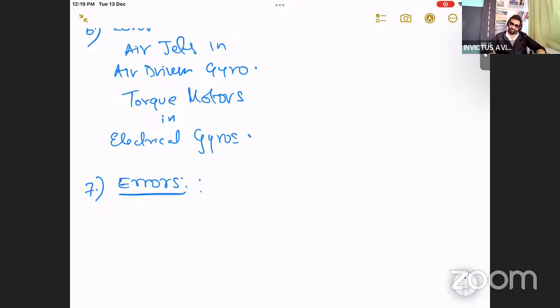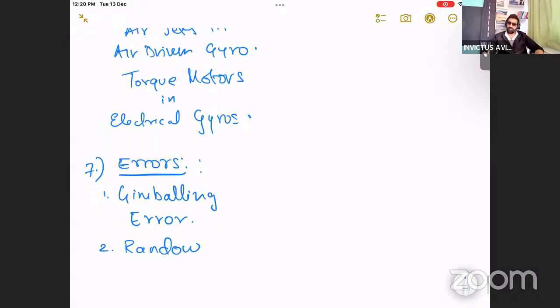Errors. First error you can write gimbaling error. Whenever you have more than one gimbal, sometimes they all can come align with each other and it is called a gimbal lock. It means the suspension is not going to work. Then there is one error called random wander. When you have written errors in the heading over there, right, in bracket, also called wander.